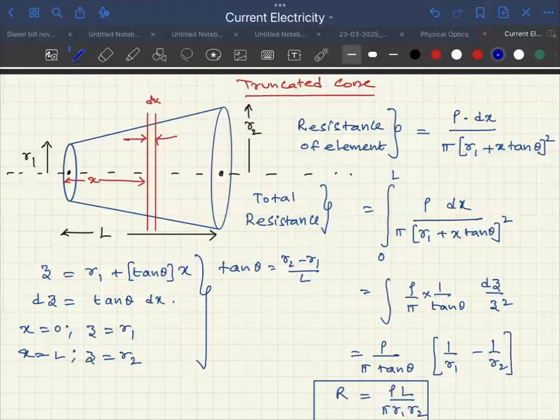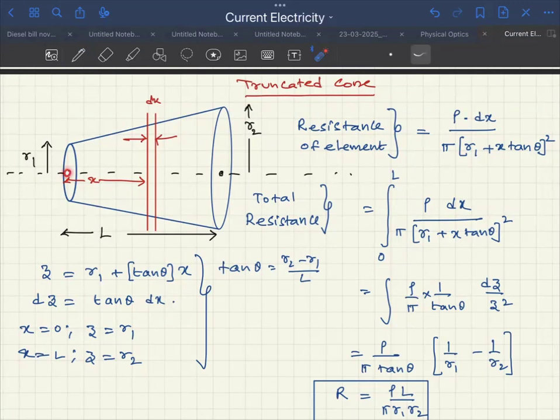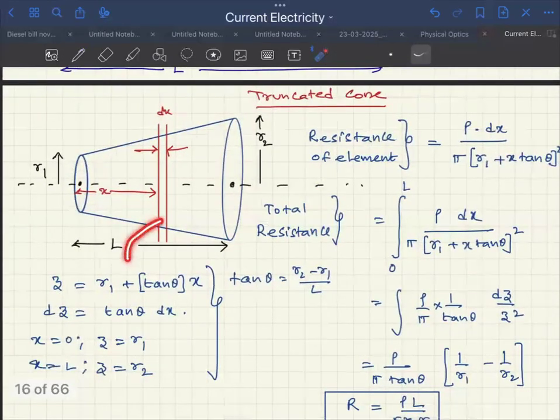I took one such element here, whose thickness is dx, which is at a distance x from this end. Please try to understand. I want to find only the resistance of this element for a while.